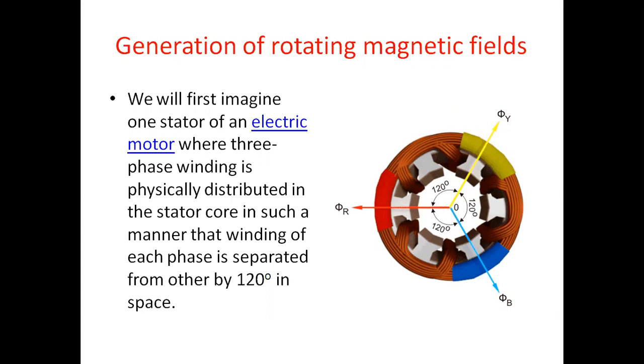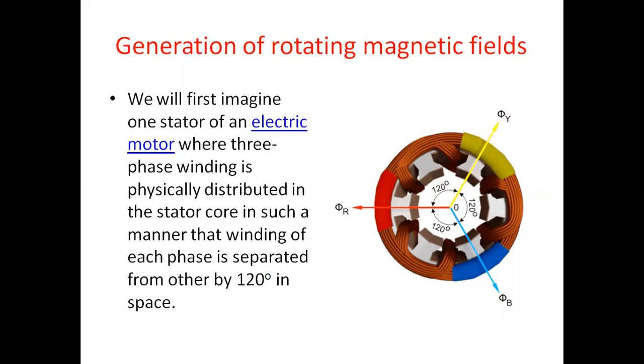So, in order to obtain the rotating magnetic fields, we will first imagine that an electric motor generally has two parts. One is called the stator and one is called the rotor.